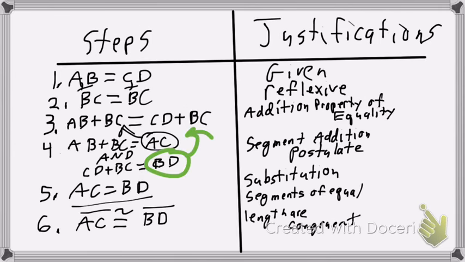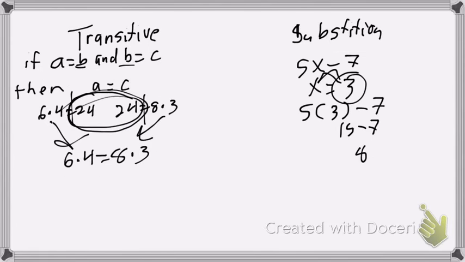So let's go back and look at where we had substitution. We had substitution right there on step 5. Now notice that this is substitution because there was no middleman. Here I know that AB plus BC equals AC, so I can plug that back in. I did not have that kind of middle ground where two things are equal to the same thing.